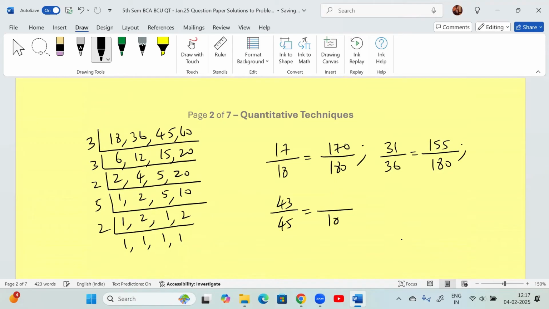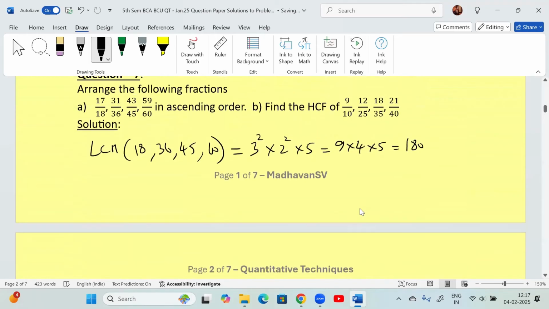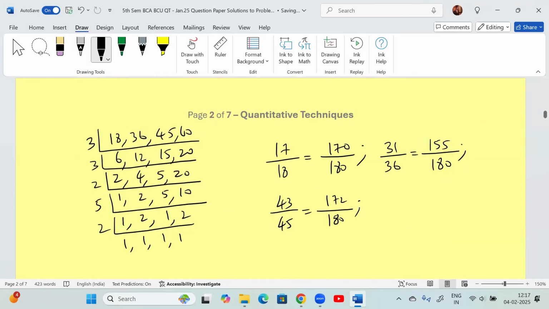Third fraction is 43 by 45. Making the denominator to 180 means we are multiplying by 4. If we multiply 4 with 43, we get 172. Then fourth fraction is 59 by 60. Denominator 180 means we are multiplying by 3. So numerator also, if we multiply by 3, we get 177.